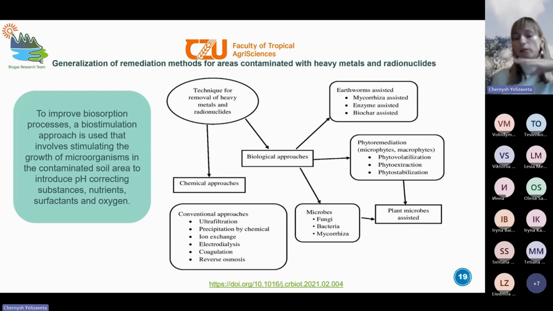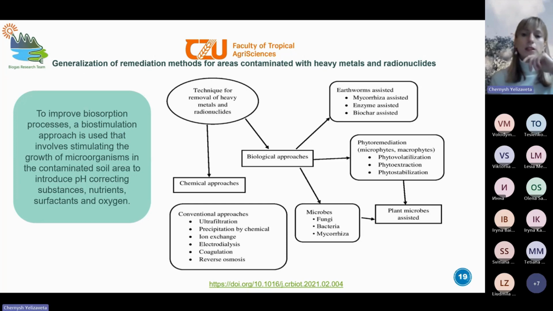In general, we can divide biological methods by the type of biological agents used, for example enzyme technologies, phytoremediation technologies, and some microbial groups that can be useful for bioabsorption and bioaccumulation processes.